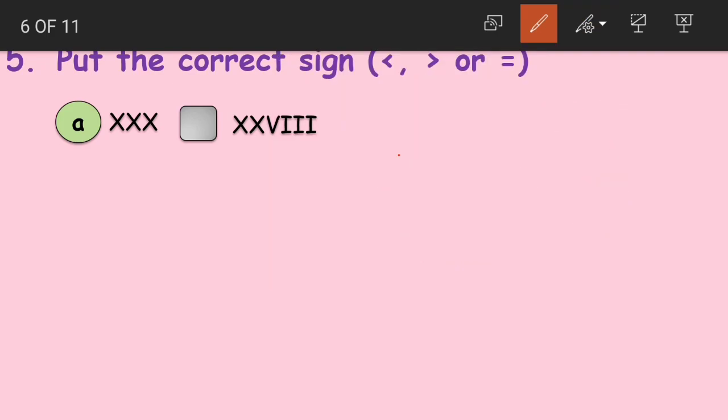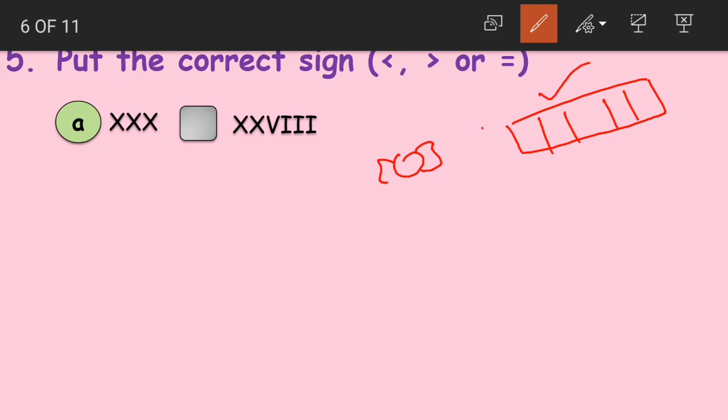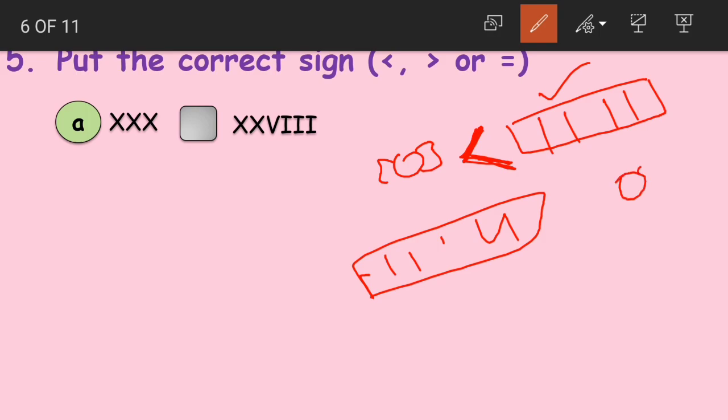Or you can say, when I give you a small chocolate and a big bar of chocolate, which chocolate would you like to eat? The big one, right? So you open the mouth towards the big one. In the same way, if the big bar of chocolate was here and the small candy is here, again open the mouth towards the bigger bar.